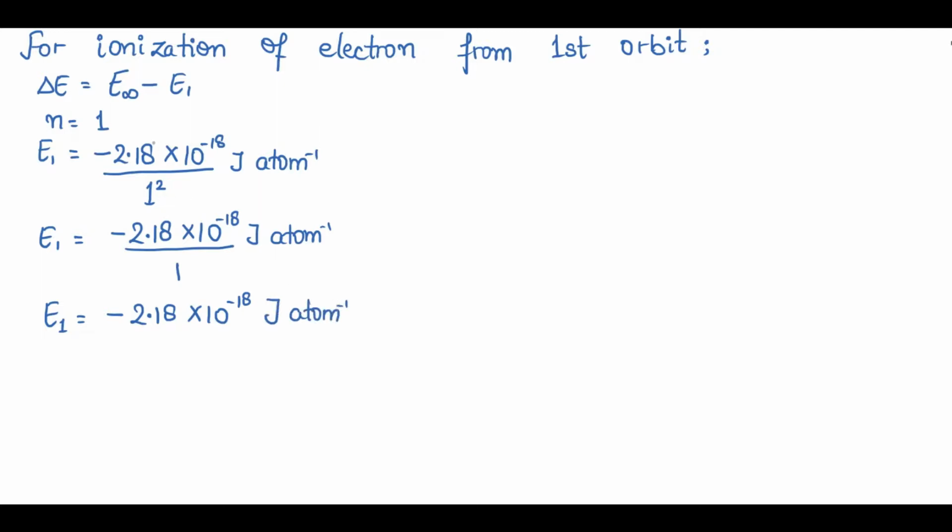Now I'll see the energy of infinite orbit. For energy of infinite orbit, the value of N will be infinity, right? So E subscript infinity equal to minus 2.18 into 10 raised to power minus 18 by N square, that means infinity square joule atom inverse. So square of infinity will be infinity.